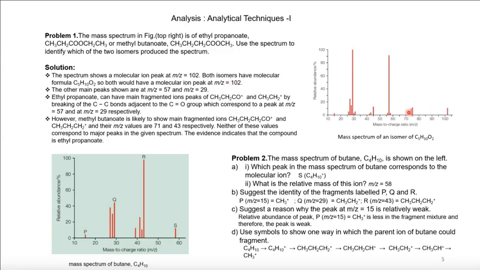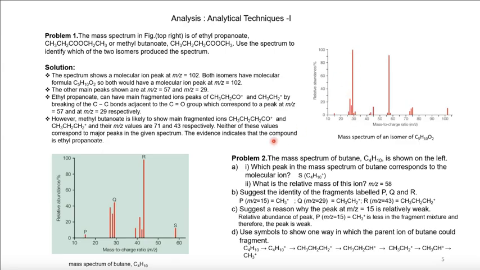But when we fragment this, we can say which isomer it is, whether it is ethyl propanoate or methyl butanoate. The other main peaks here are m/z 57 and m/z 29. This is the 57 peak and this is the 29 peak.